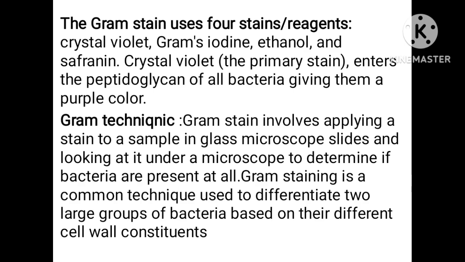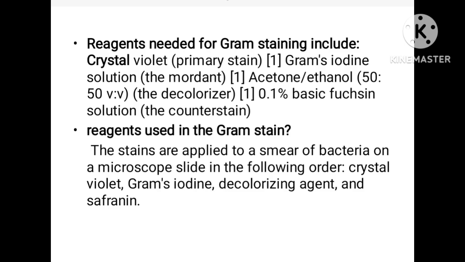Gram staining is a common technique used to differentiate two large groups of bacteria based on their different cell wall constituents. The gram stain is a differential staining procedure used to classify bacteria as gram negative and gram positive based on the chemical and physical properties of their cell walls.